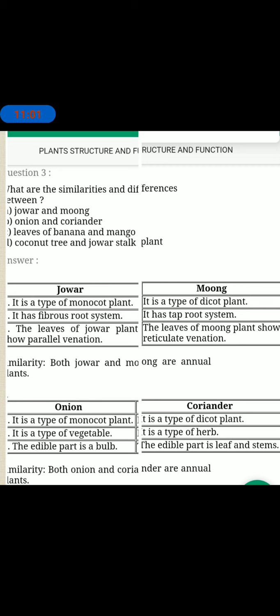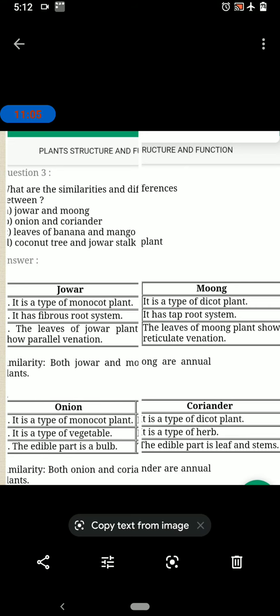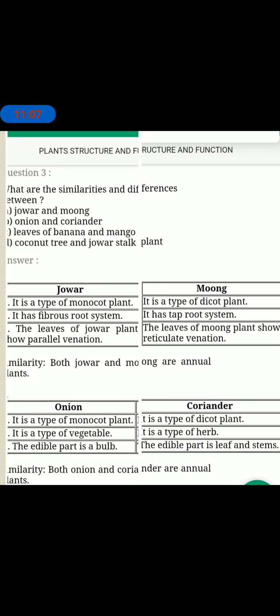Next question, from question number 3B, we have onion and coriander. Onion is a type of monocot plant, whereas coriander is a type of dicot plant. Second point, onion is a type of vegetable, and coriander is a type of herb.